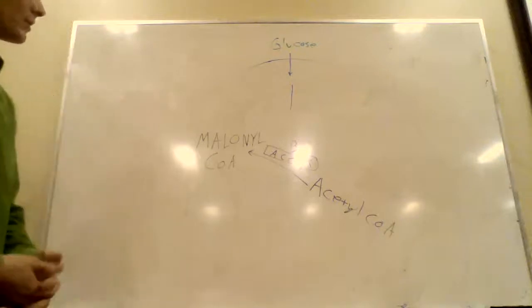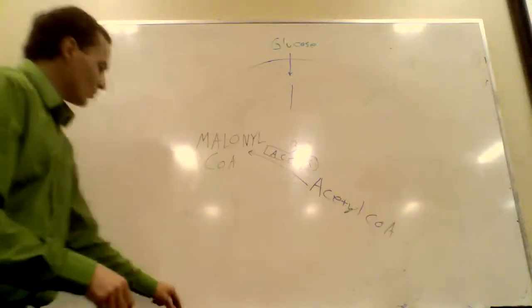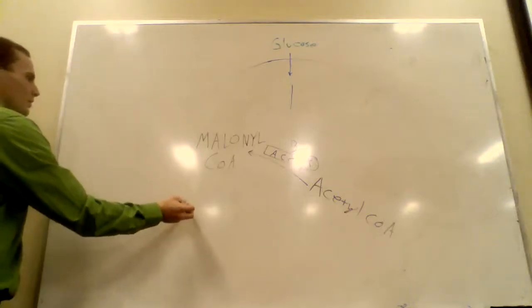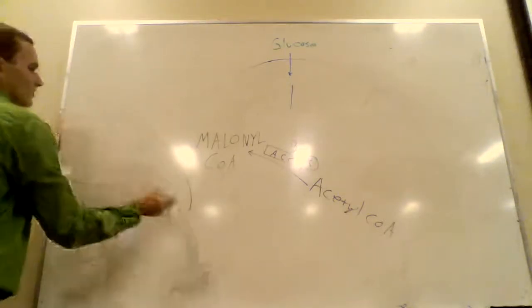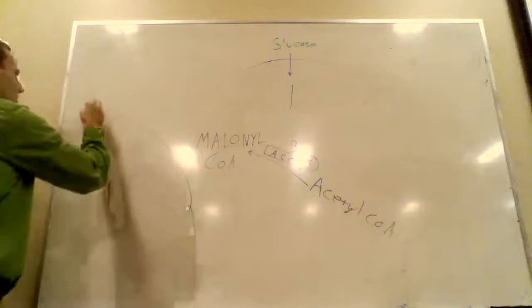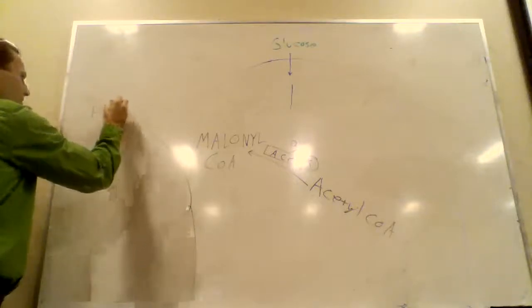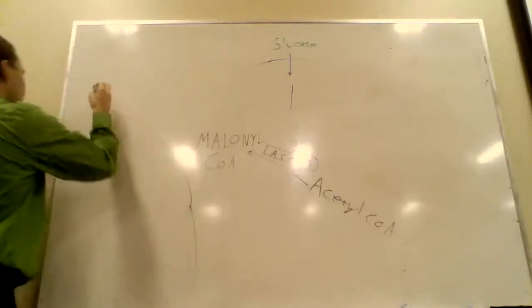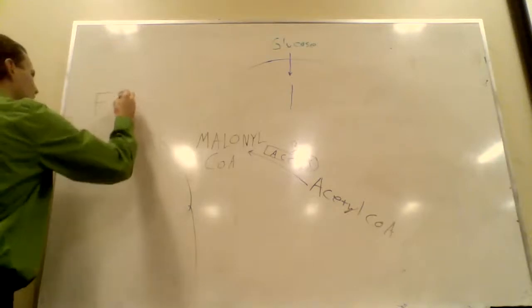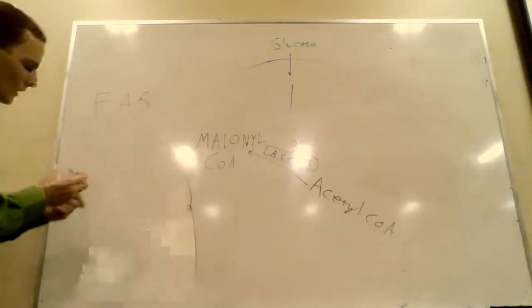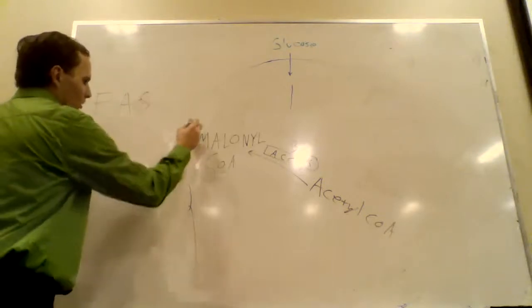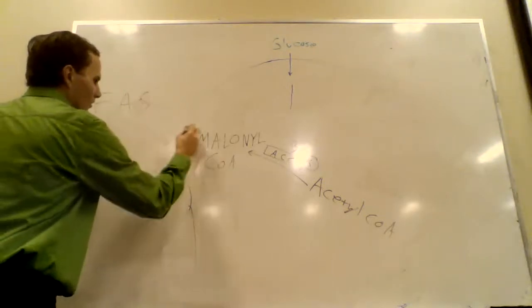And now, in the cytosol, there is a huge protein. It is called fatty acid synthase. And this protein has 2 really important arms.